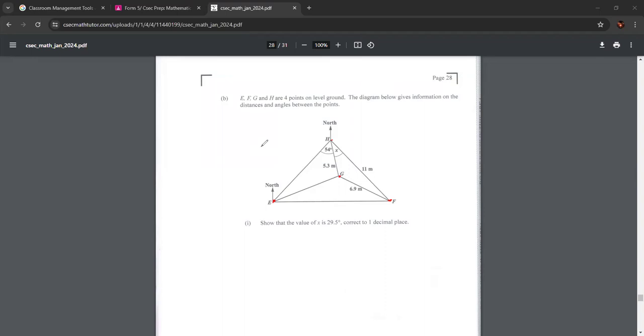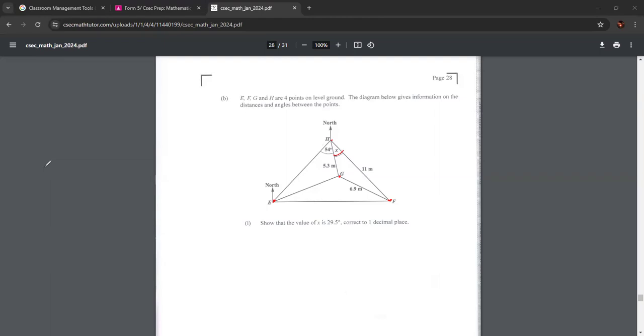It says show that the value of x is 29.5, correct to 1 decimal place. Anytime they ask you to show, it means that they want you to use one of your rules in order to show it. Let me zoom in so you can see it clearly.